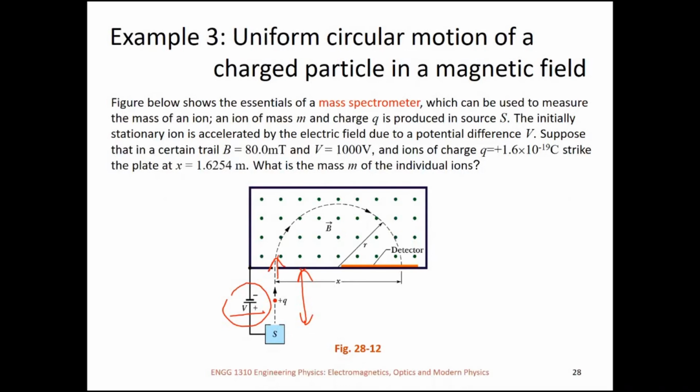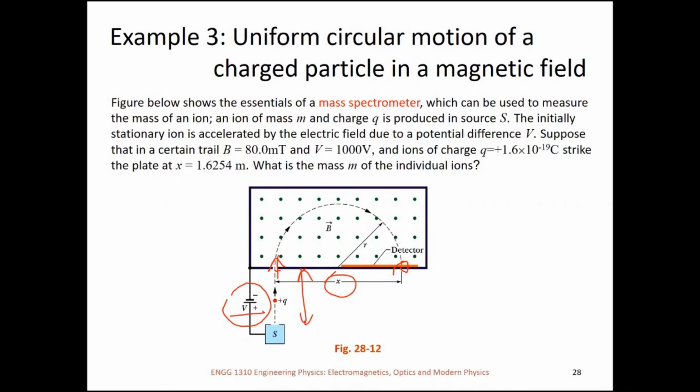Under this B field, they have some initial velocity, so they will make a circular path, but that's actually only a half circle, because after half a circle it will hit the panel, and there is a detector. Then we can determine the position between the slit and the hit location, so that we can measure x, and from x we can derive r.